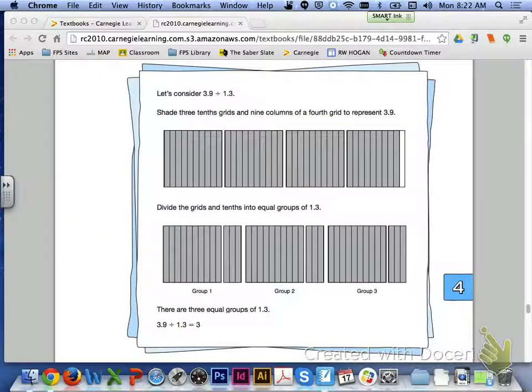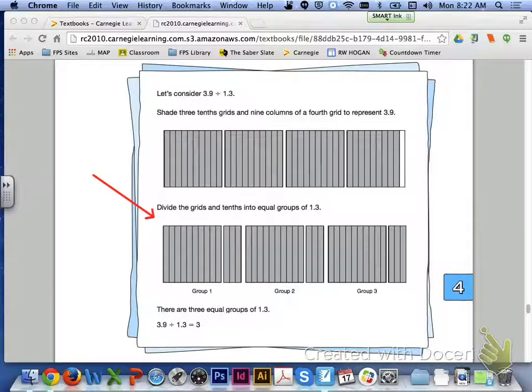Let's turn to the top of page 291 and now consider 3 and 9 tenths divided by 1 and 3 tenths. So now we have a decimal as our divisor. The first thing that we want to do is shade 3 tenths grids and 9 columns of a fourth grid to represent the 3 and 9 tenths.